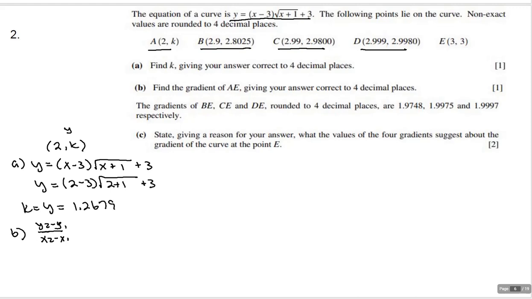A is 1.2679. Again, make sure you're clear, they said go 4 decimal places: 1, 2, 3, 4. They're just asking us to find the slope. So pause this and find the slope of these 2 points. Subtract the y's over subtract the x's. Pause it and start back up again.